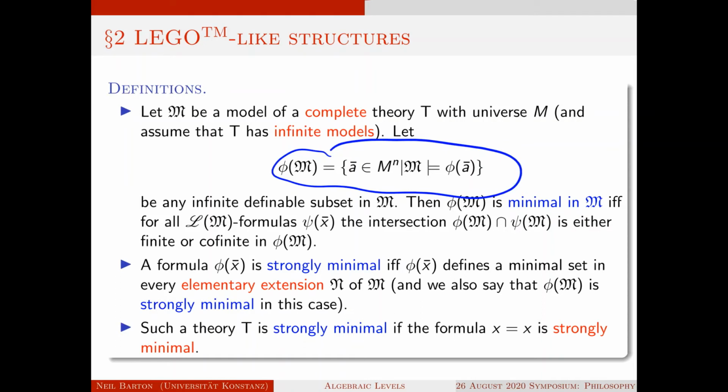Now, this set is minimal if for all formulas in the language of the model, if you took the intersection with other formulas, you get something that's either finite or cofinite, okay? And now we say that a formula is strongly minimal if this formula defines a minimal set in every elementary extension of M, and a theory T is strongly minimal if the equality formula itself is strongly minimal.